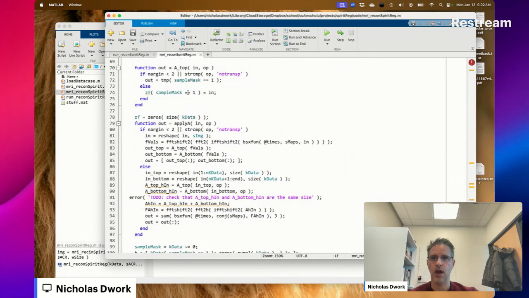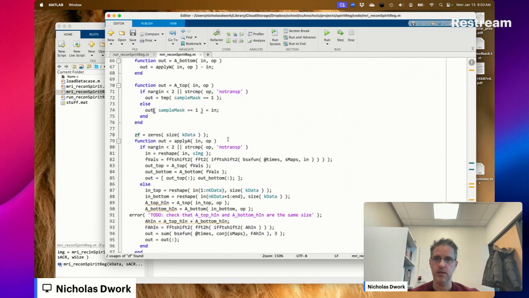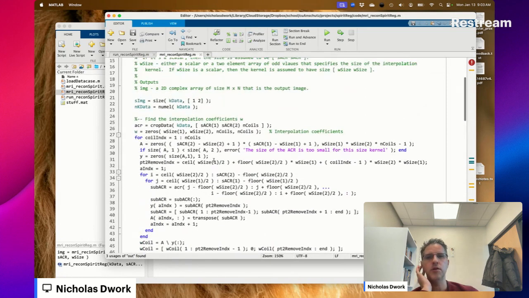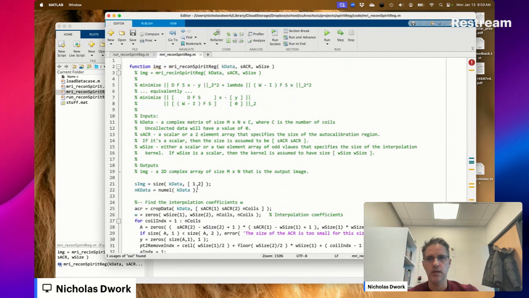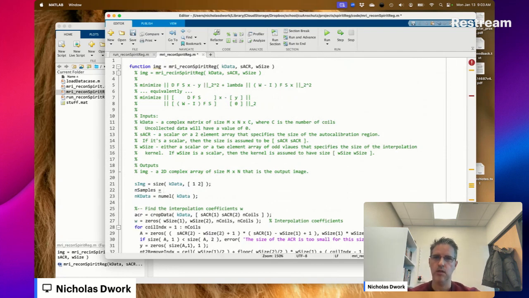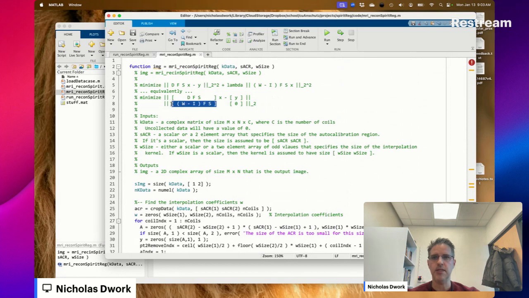There you go. All right, that's a problem because this thinks it isn't being used. Oh, no, I was wrong. This does not output something the size of K data.